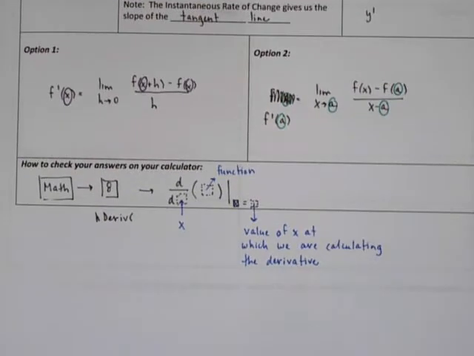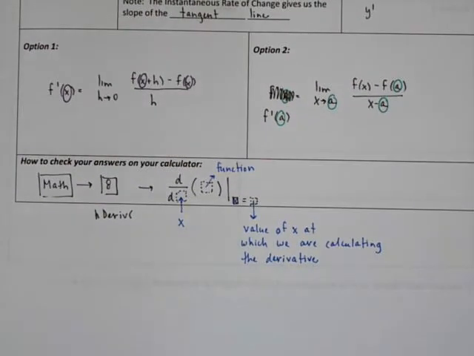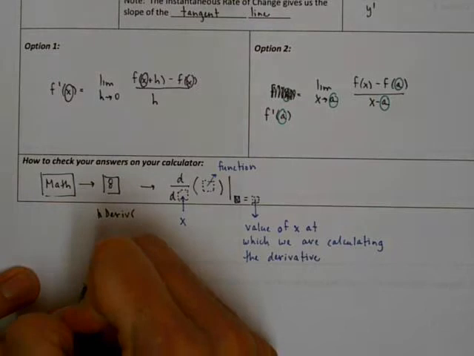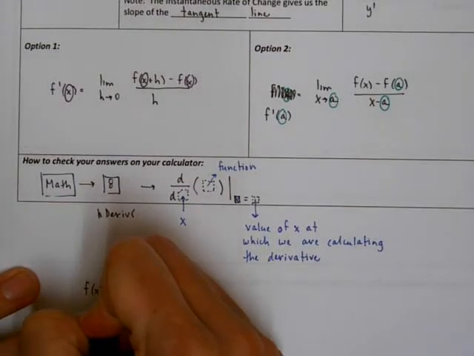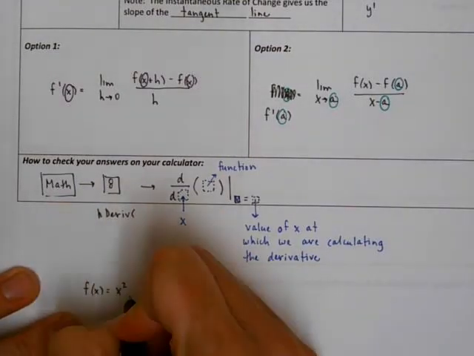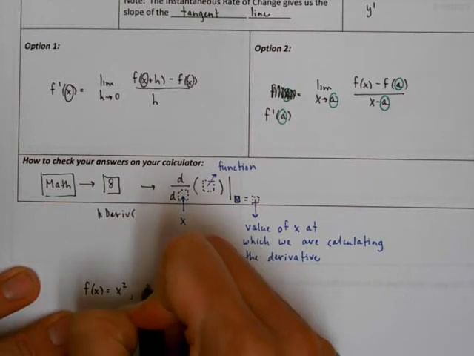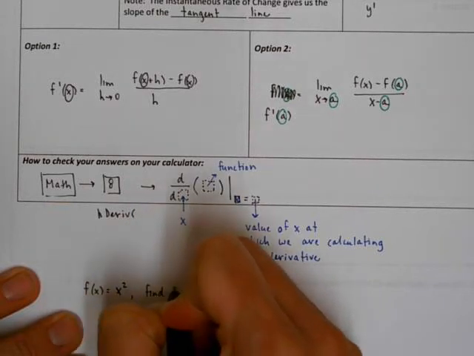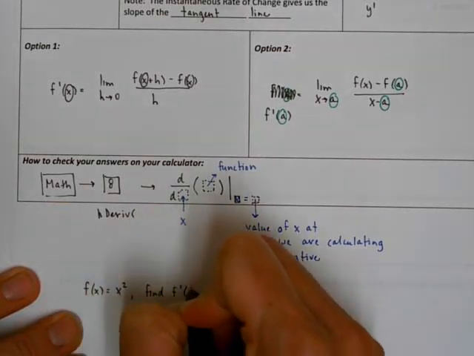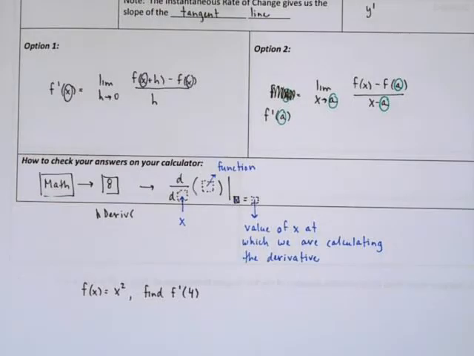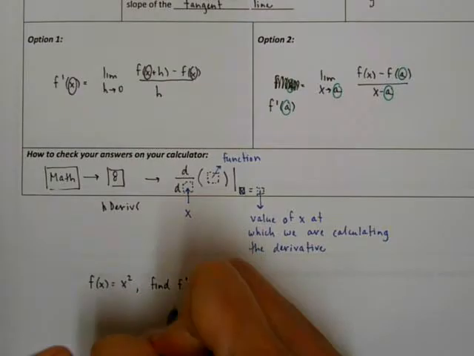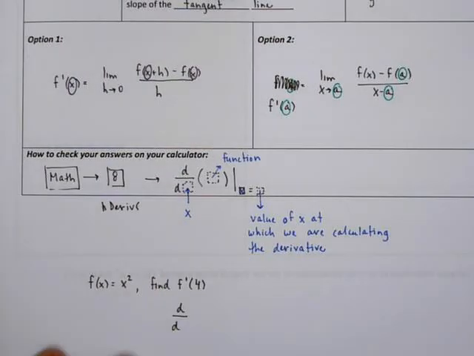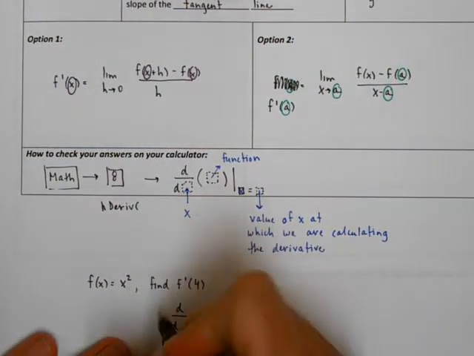So let's just take an example. Let's say our function was f of x equals x squared, and we were being asked to find f prime of 4. So when we went into our calculator, the notation would look like this. It'd be d dx, we would type in our x here.